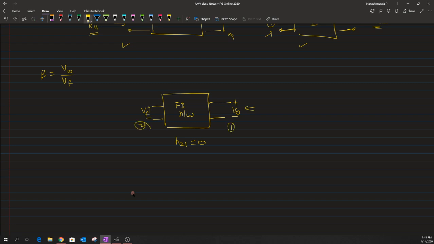It's a pretty simple quantity: beta is Vf divided by V naught, because this is my input port with the input V naught, and the output port has this voltage Vf, under the condition that the value of I1 is equal to 0.